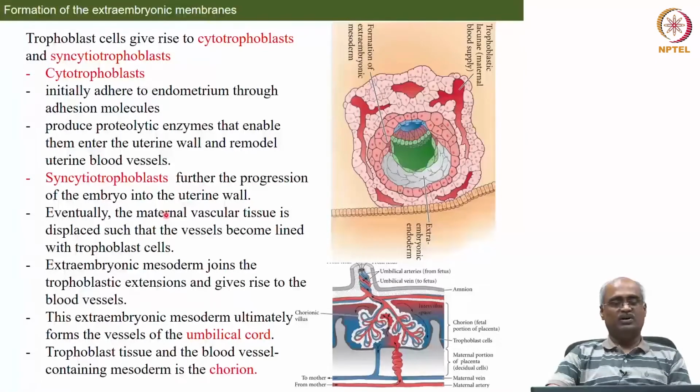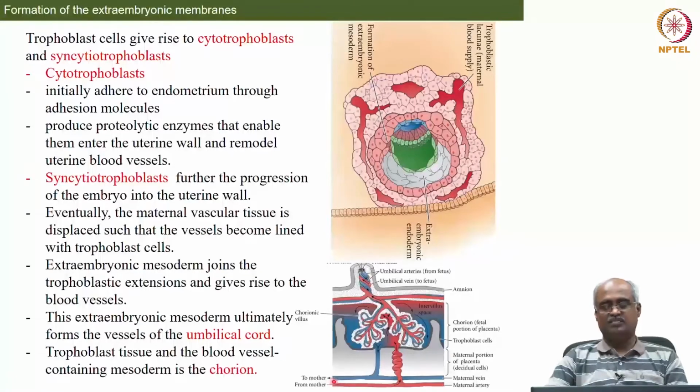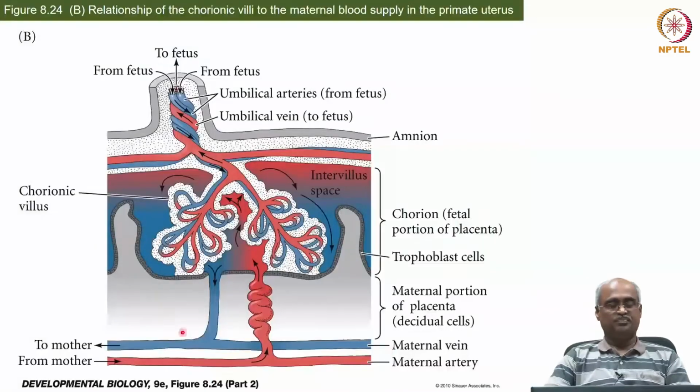So eventually what they are going to do is they are going to line the maternal vascular tissue. So basically they are going to dissolve. See, this is in the bottom image. So we have a close-up view in the next slide. Yeah. So this is the blood vessel from the mother, so the mother's tissue, and these trophoblast cells are going to line those blood vessels.